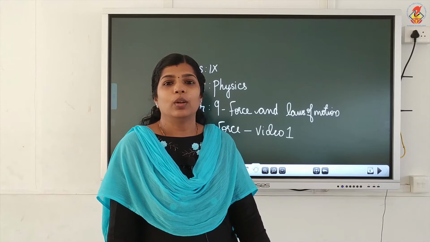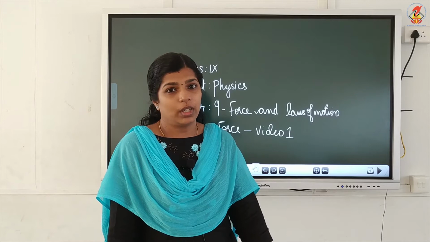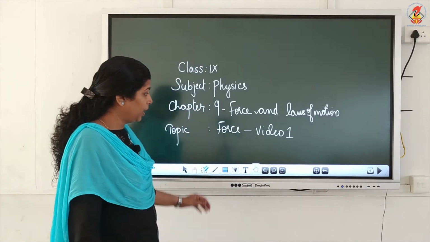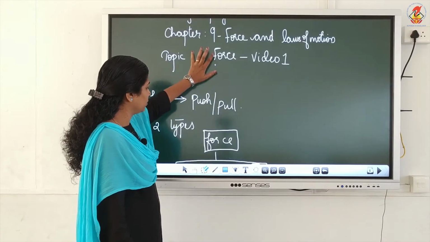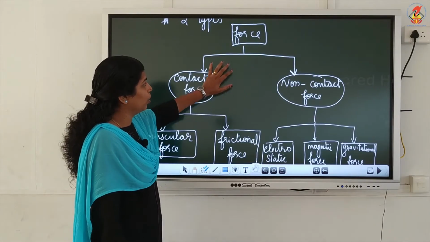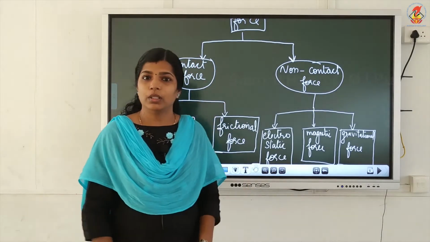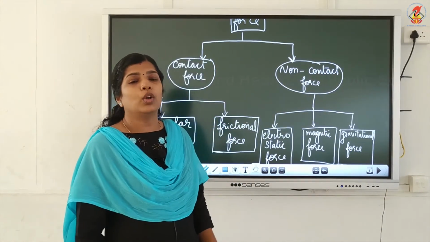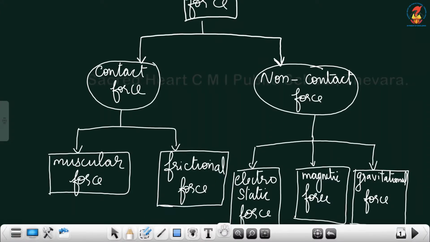Before that, what are the different types of forces? In 8th standard you studied that mainly we can divide it into two: contact force and non-contact force. Again, contact force is divided into two: muscular force and frictional force.